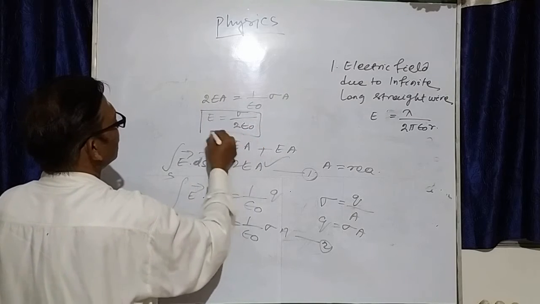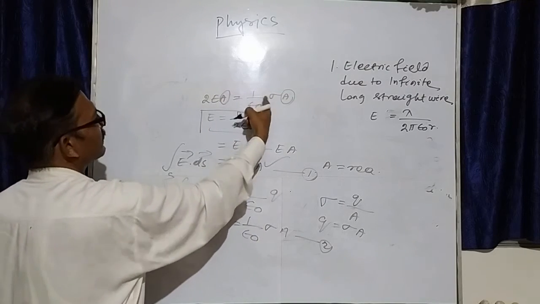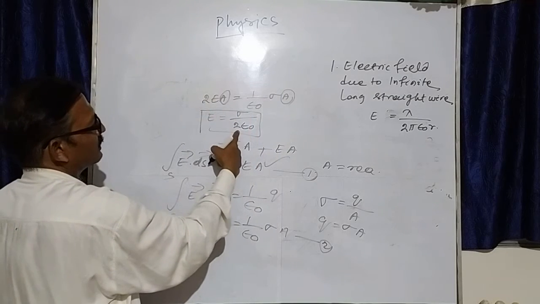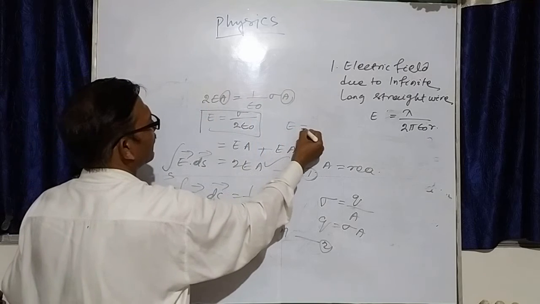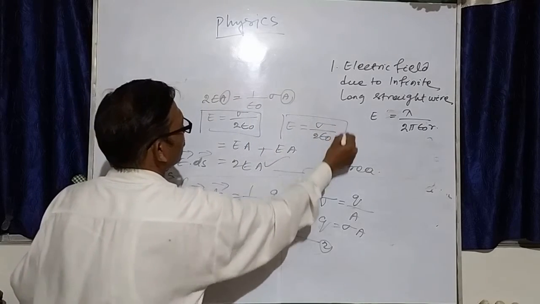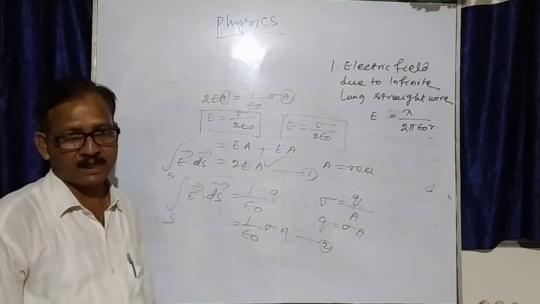Finally you get sigma by 2 epsilon 0. This is called your electric field due to an infinite plane sheet.